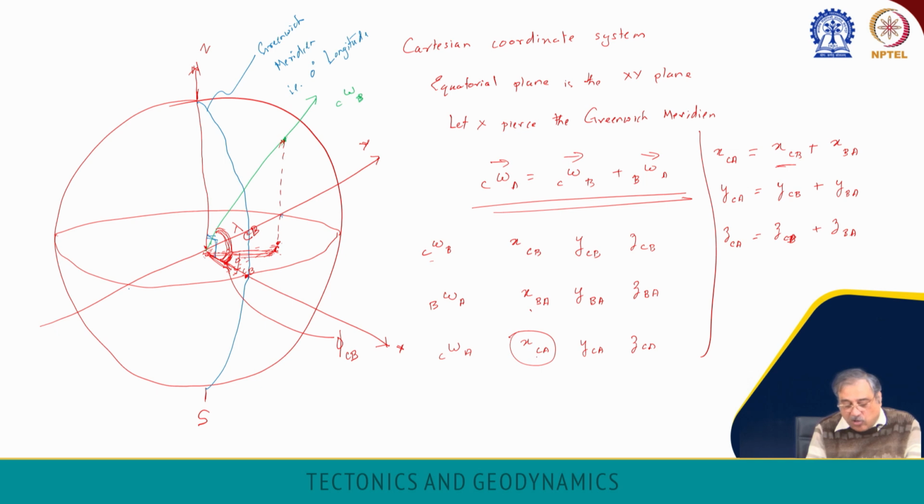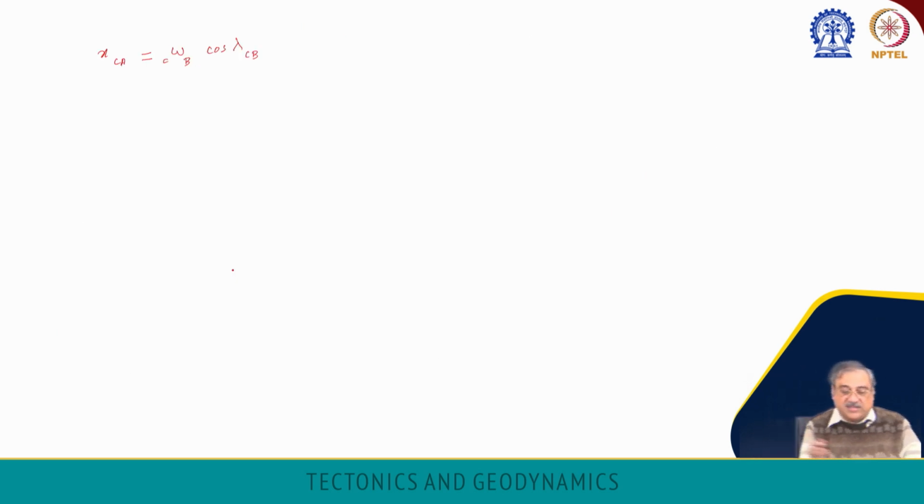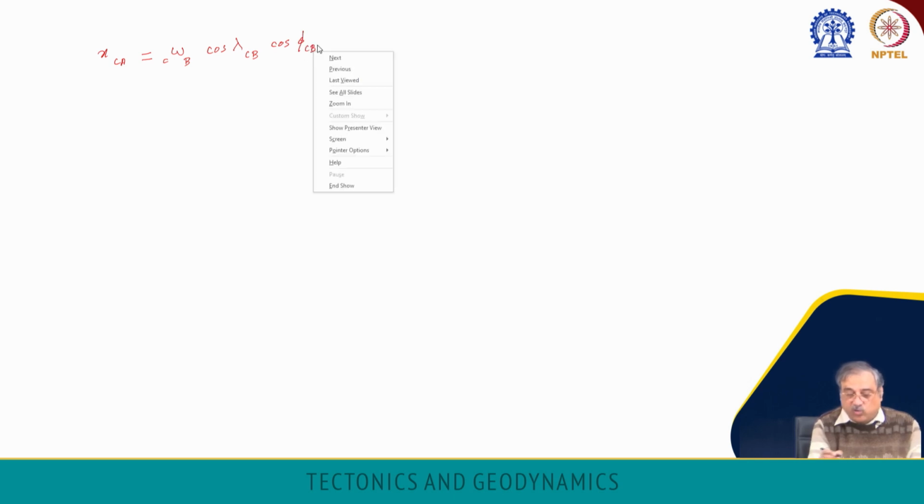It's in the same vertical plane, so it must be the longitude here. So this angle is phi CB, and it will be the cos of phi CB.